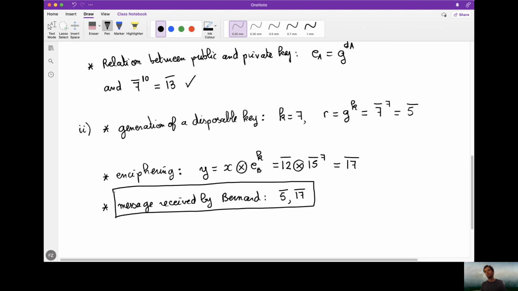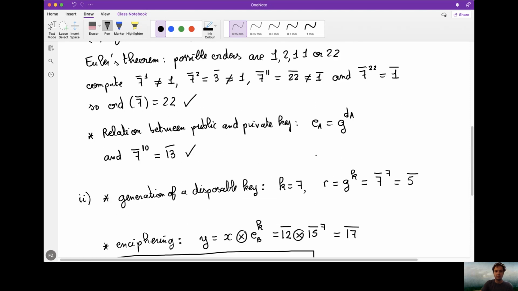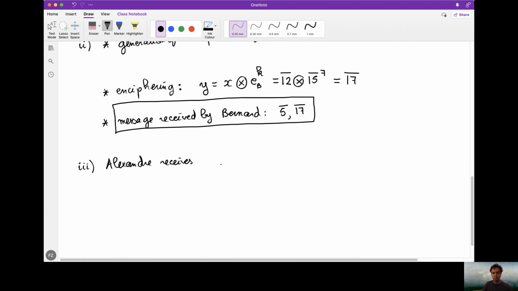Good. So let's move to the third question. Now it's a question about deciphering a message. Okay, so Alexandre receives the message. So what is the message that Alexandre receives? 20, 11, receives the message 20, 11, okay?